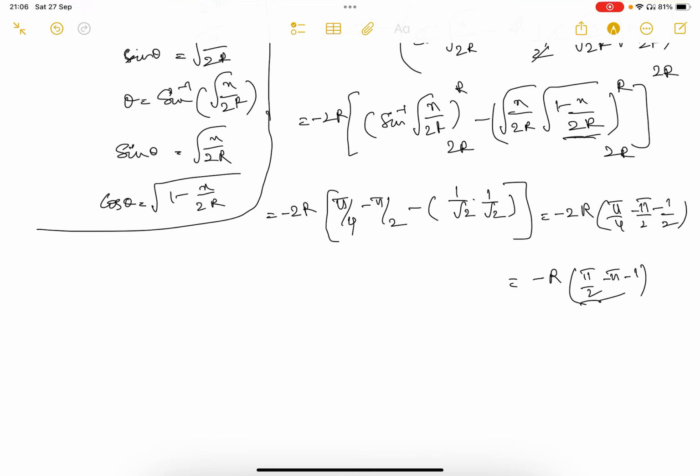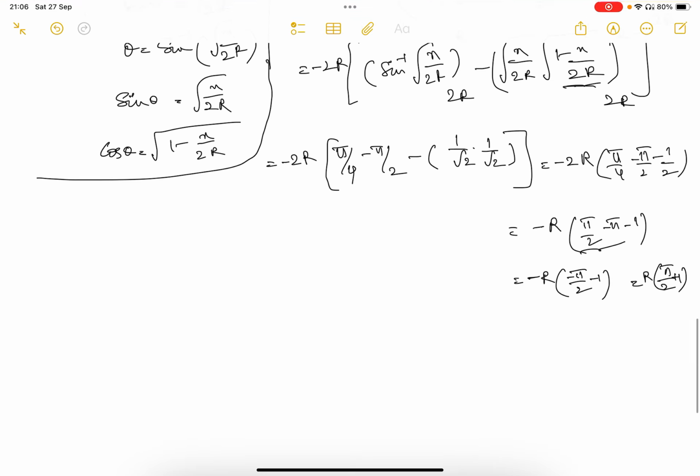This is pi by 2 minus pi, which is minus pi by 2, minus 1. Minus r into minus pi by 2 minus 1, which is r into pi by 2 plus 1. So finally, root of GM by r, t_f, is r into pi by 2 plus 1.